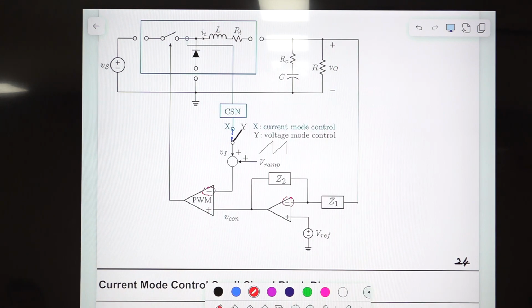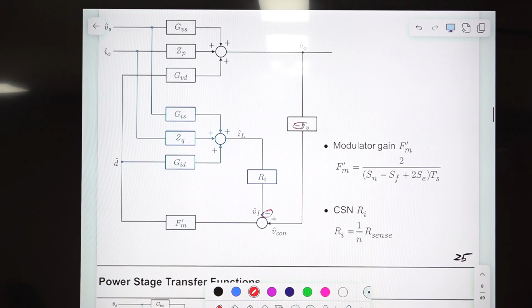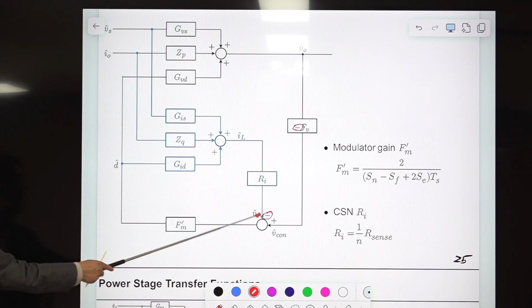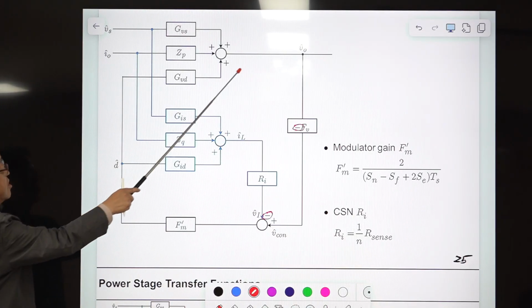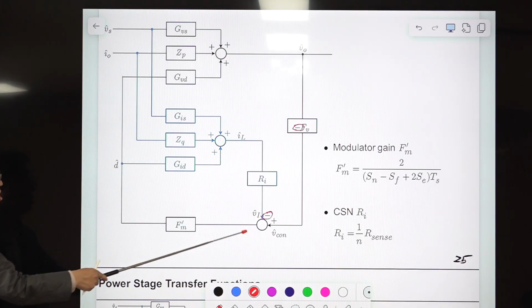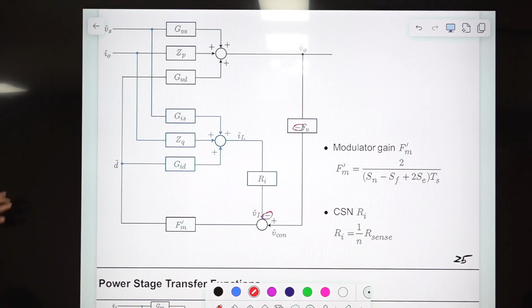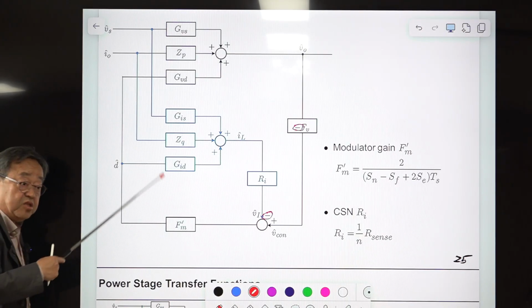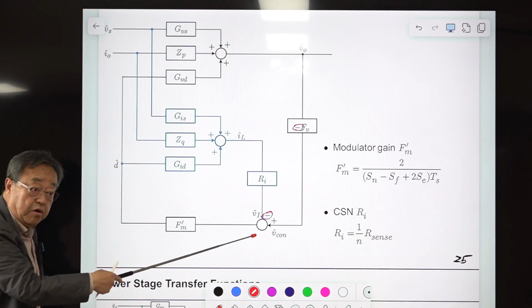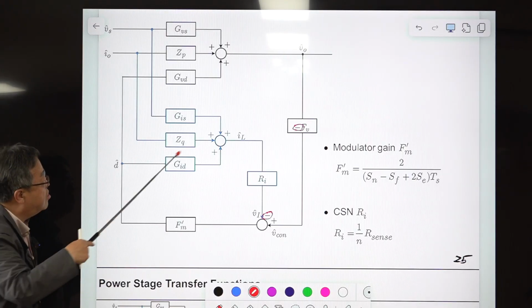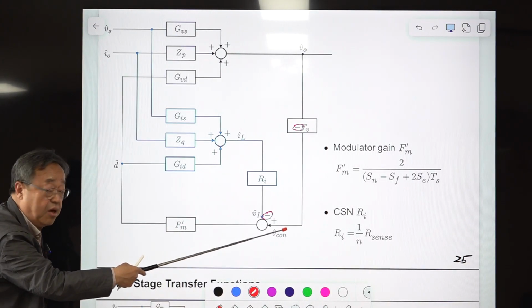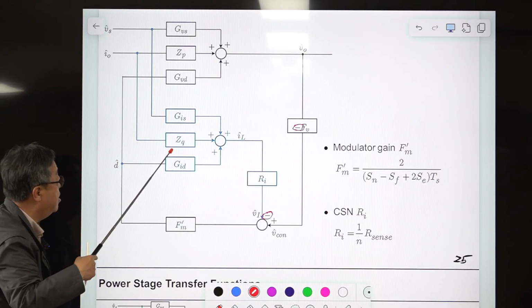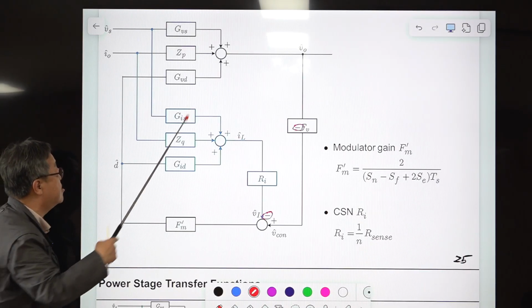So you have this signal here. You have this and this. This is negative feedback from the inductor current, and this is negative feedback from the output voltage. This is called two-loop control. There are two feedback loops, one here, another one here. Some people call this the inner loop and this the outer loop. That makes sense. Or some people say this is the current loop and this is the voltage loop.